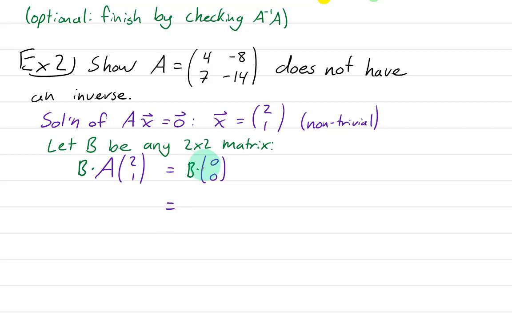Strictly, the parentheses would follow the order of operations, but it's okay to move them around. It's associative, so you can write this as B times A times (2, 1).